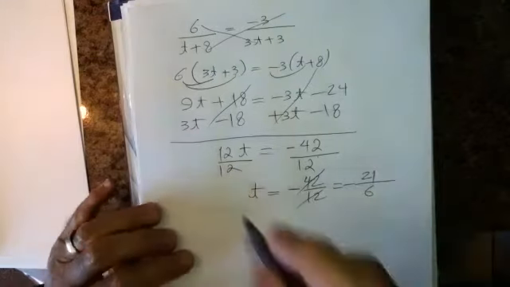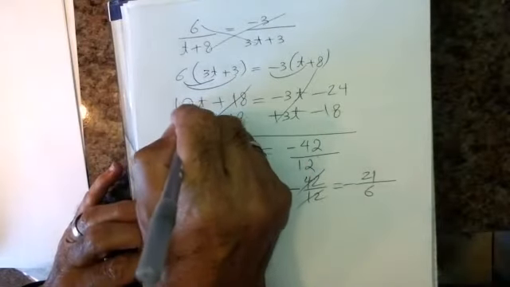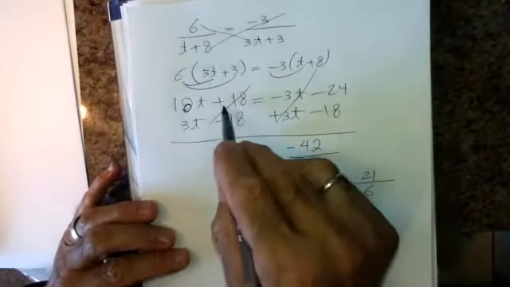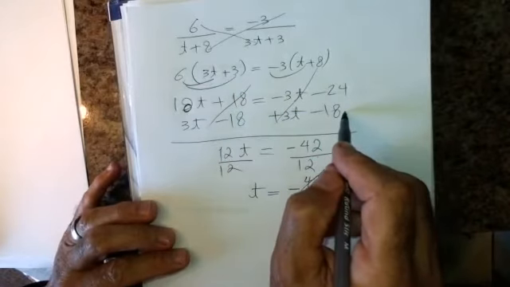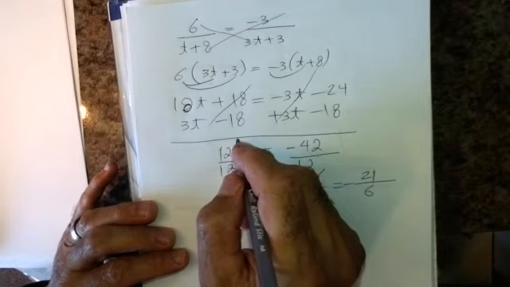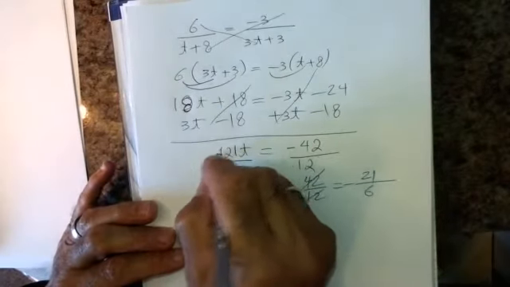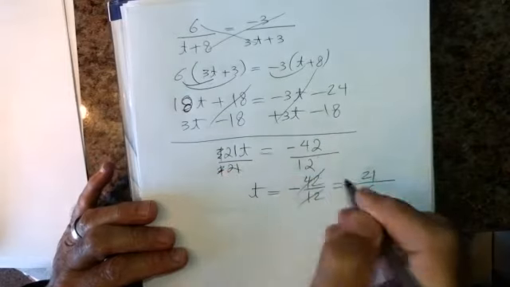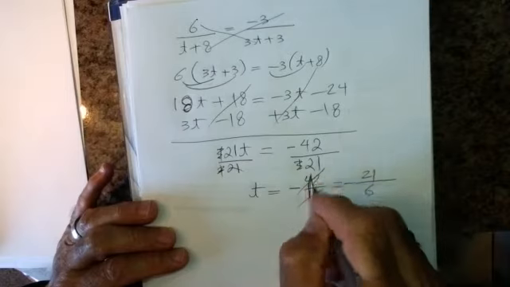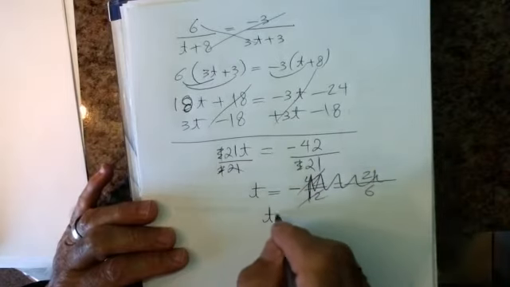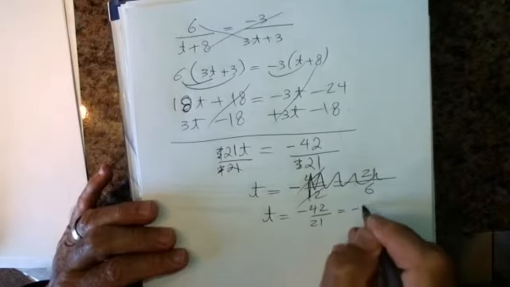All right, here. 6 times 3 is 18. Sorry, I know something's not right. Sorry about that. So T is negative 42 divided by 21, which is negative 2.